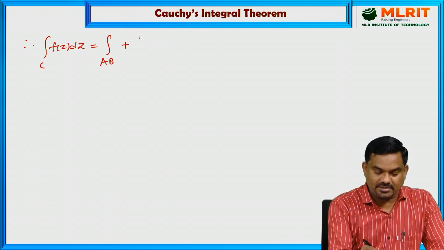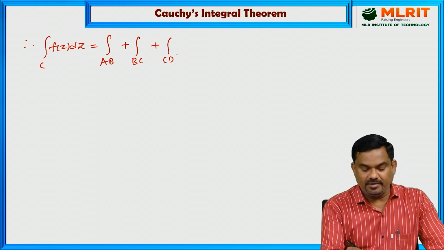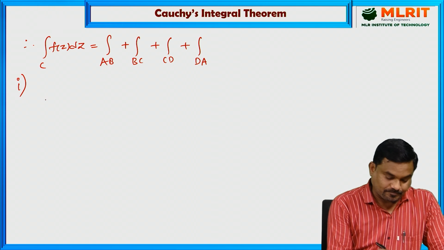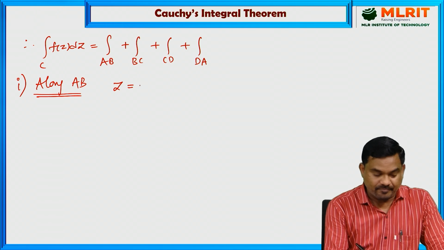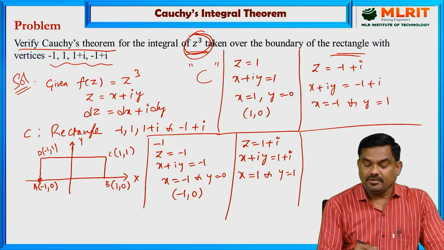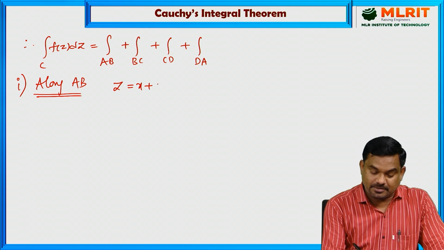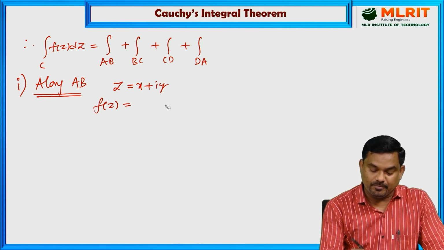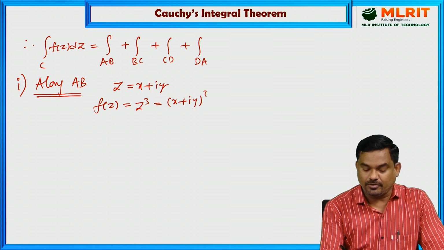plus along BC plus along CD plus along DA. Now the first one, along the line AB. Here the given function is z cube, so z equal to x plus iy, and f of z is z cube, which is x plus iy whole cube.